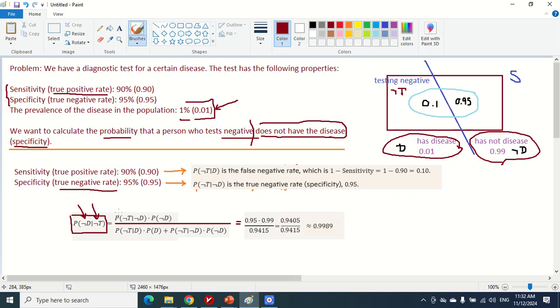So over here, to calculate the probability of not D in the condition of not T, meaning that the test is negative, I want to know the probability that the person does not have the disease.